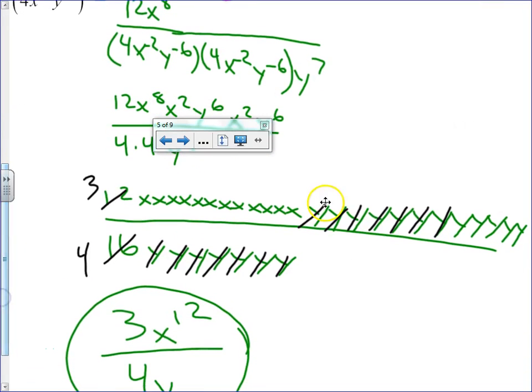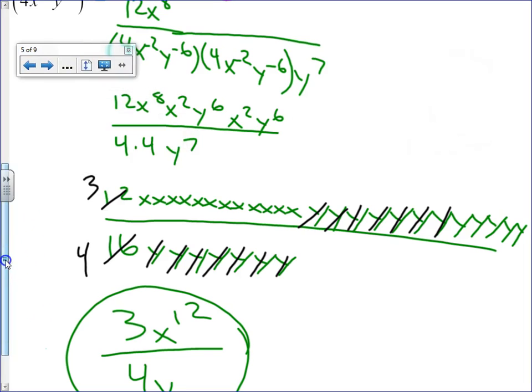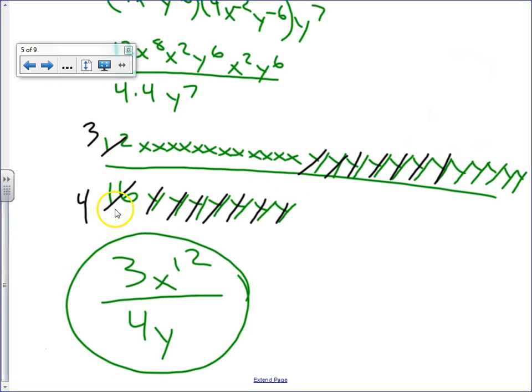So I have 3 on top with x to the 12th and y to the 5th, and I have all my y's cancel out in the bottom, just 4. I did something wrong in the bottom there. This should be like that. So keep that in mind as we're working through that.